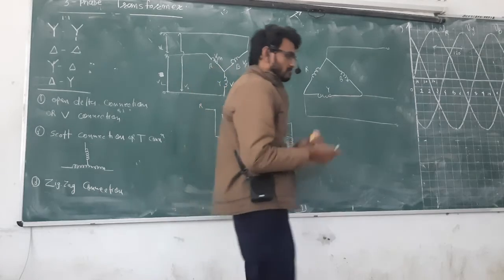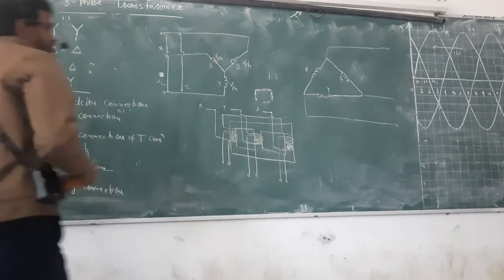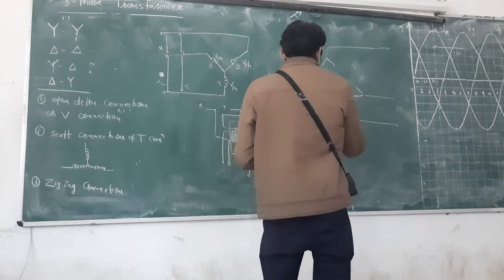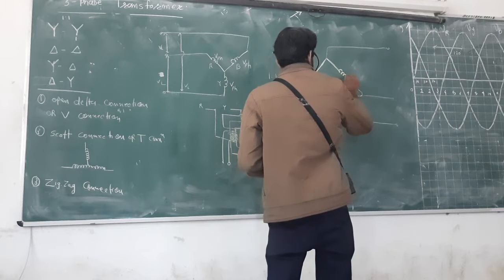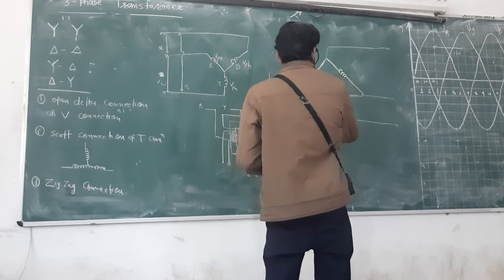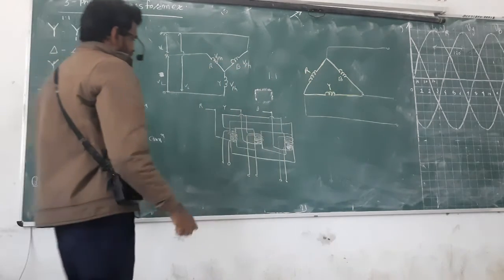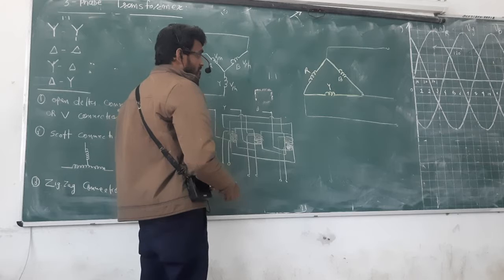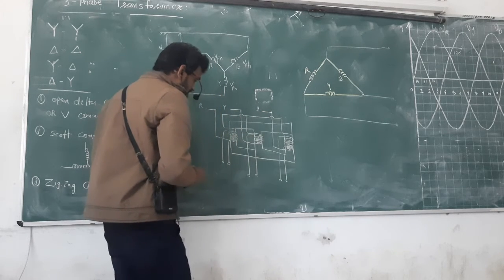Okay? For better understanding purpose, I can change this with the yellow winding. So you can read better. And then you have to connect this. So it is now connected in a delta fashion. So what is the delta fashion?